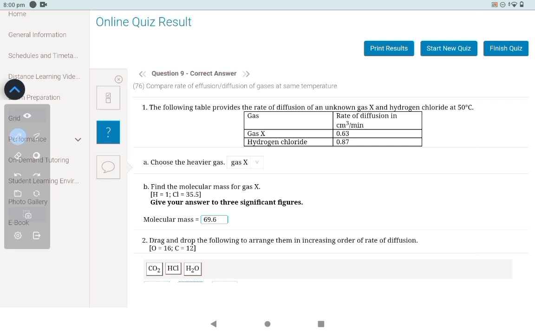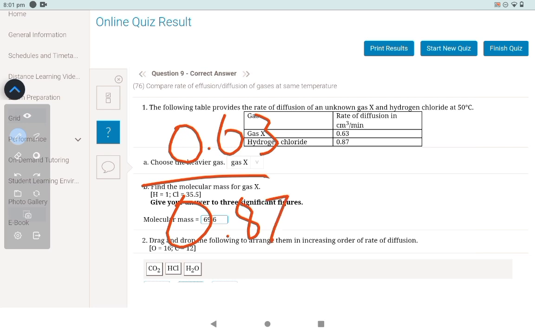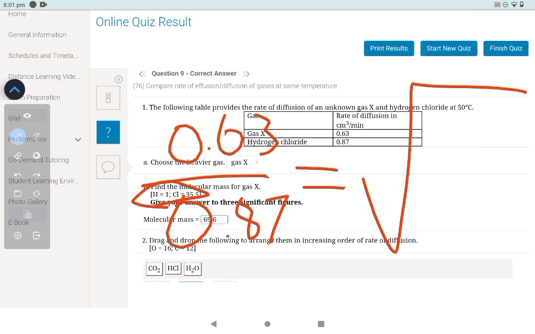So rate of diffusion of gas X is 0.63 over 0.87, which is equal to the square root of the whole thing, the molar mass of both. Now we know that the molar mass of hydrogen chloride, as per given here, is 36.5. So over here will be the molar mass of the second gas, so that will be 36.5 over X.